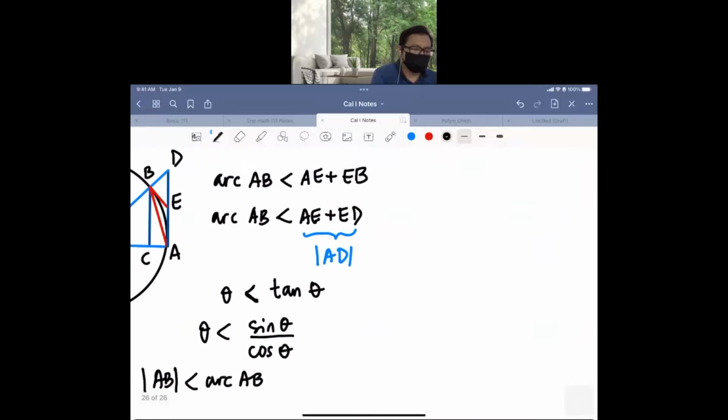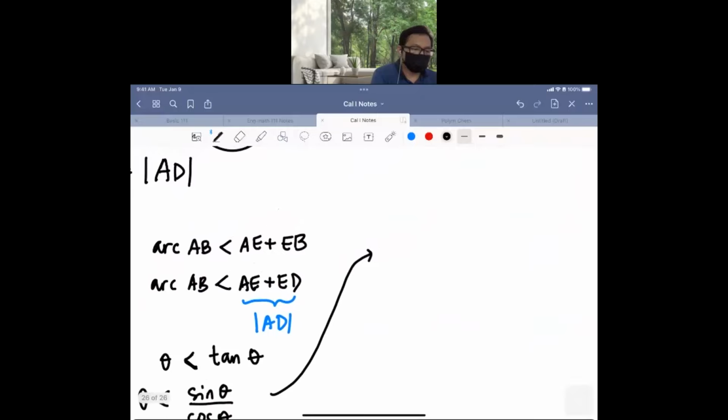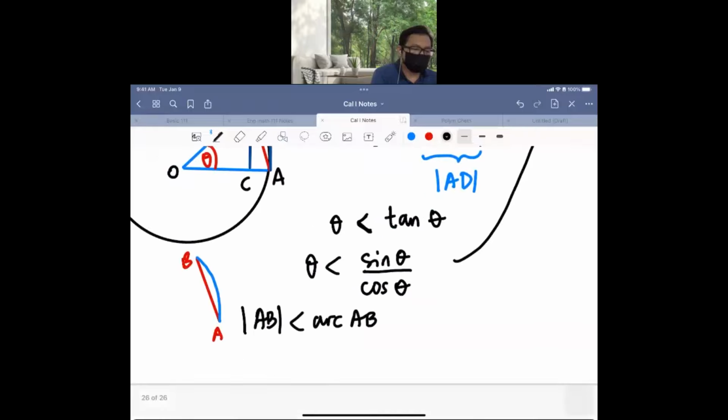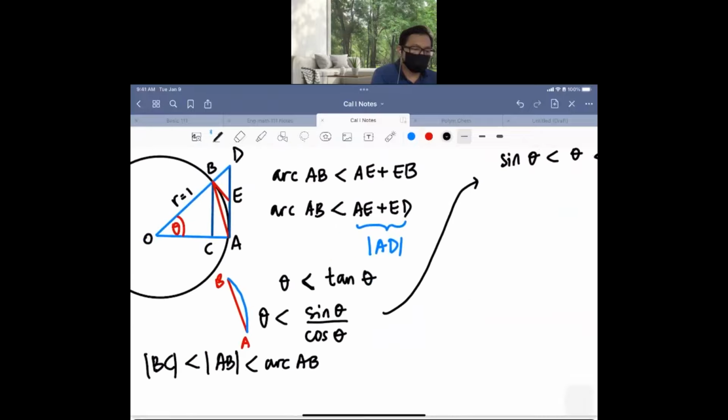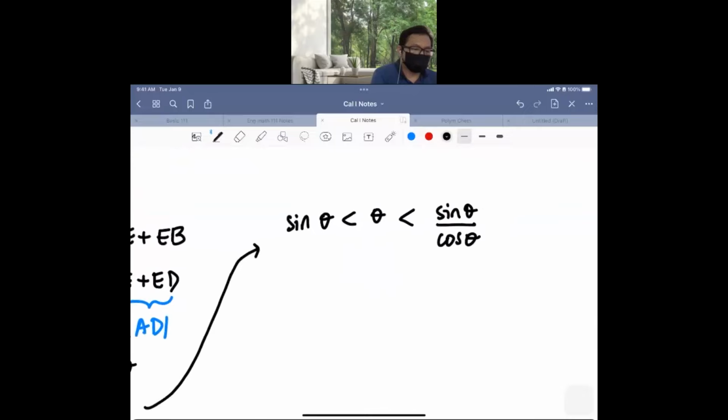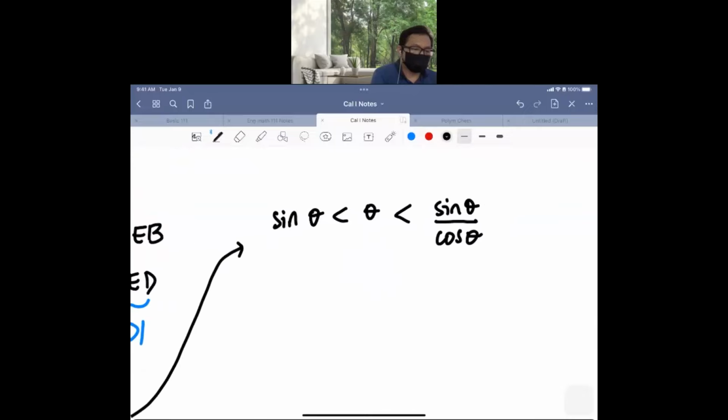And then from here we get sine theta less than sine theta over cos theta. Well, let me go through. I think that will be okay, right? So we could say that this theta is in between sine theta and tangent.